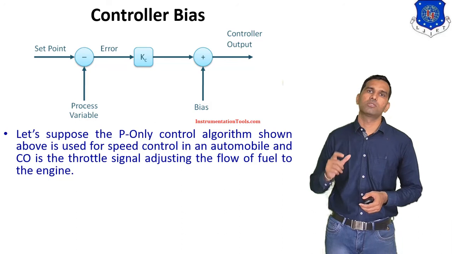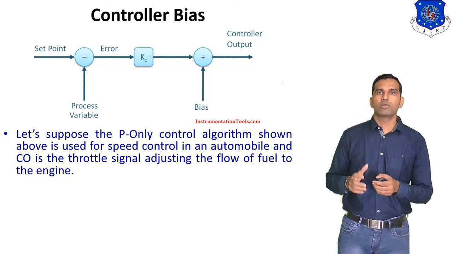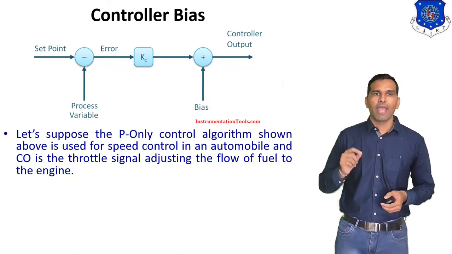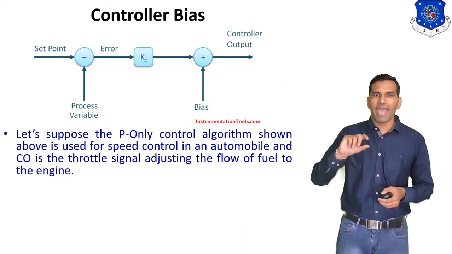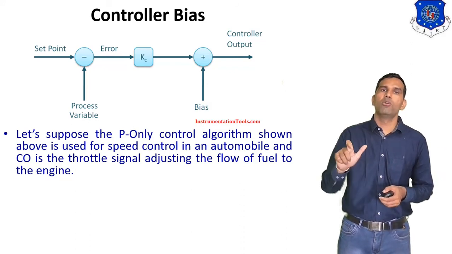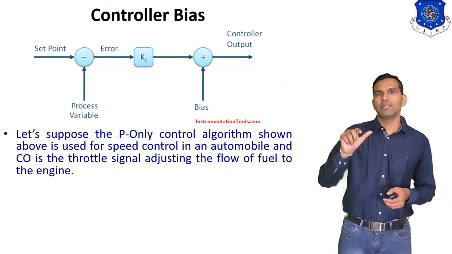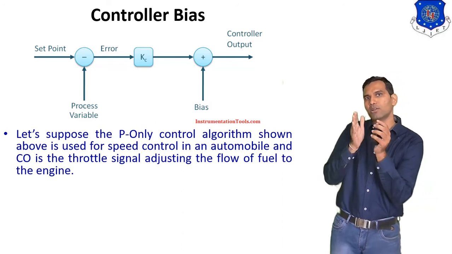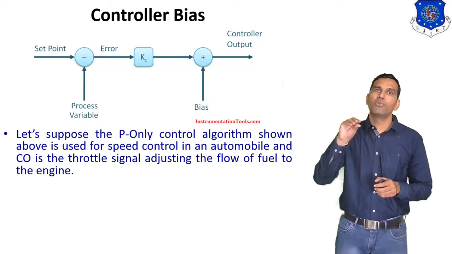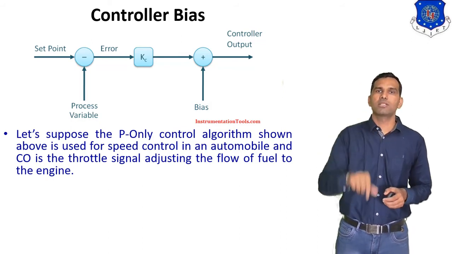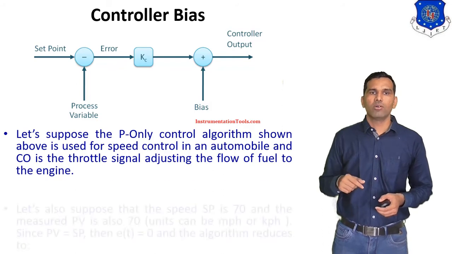That means we use this controller to control the speed of the car. And the CO, the controller output, is the throttle signal adjusting the flow of fuel to the engine. That means we control the fuel flow by using this controller.